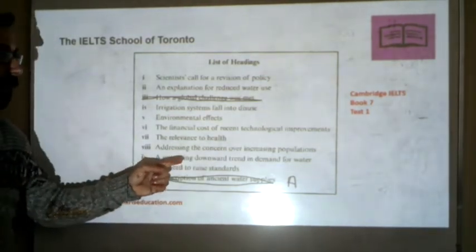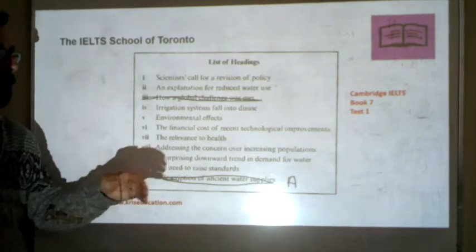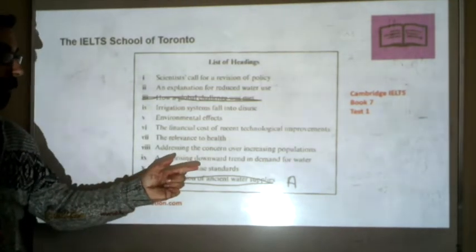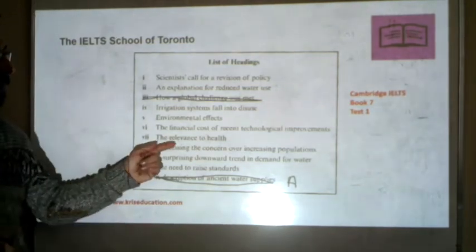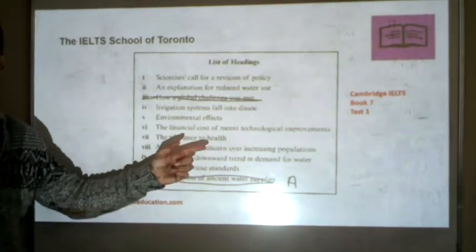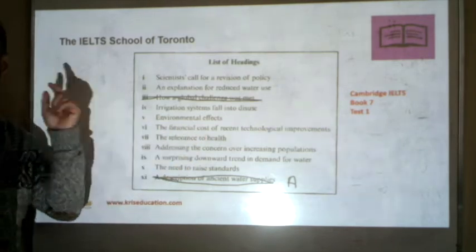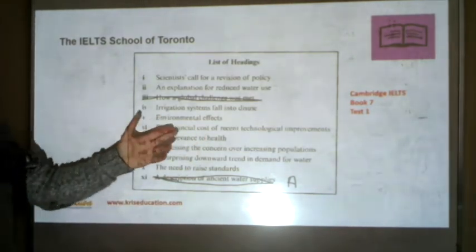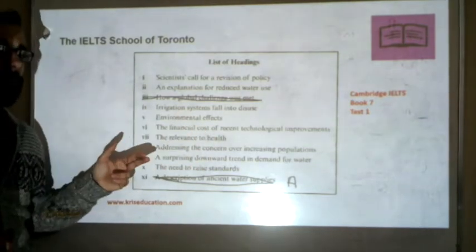Neither talks about a downward trend in demand for water, and none focuses on raising standards. Again, the answer is the relevance to health, because health and sanitation are kind of synonyms. So only go for the headings when you see a synonym. This is very, very important. So the answer for paragraph C is 7.